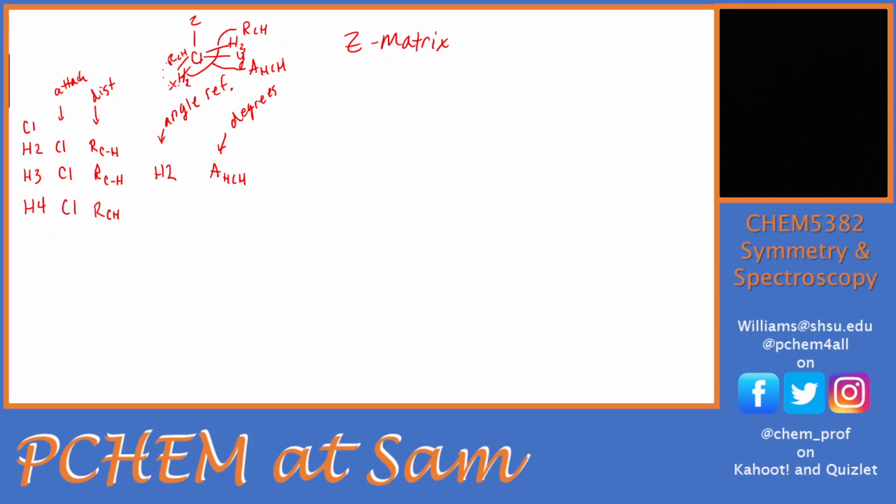All right, so now where are we going to put H4? Shouldn't it be from both hydrogens? Yeah, so how do we do this? Let's go ahead and define it from H2 again. So we'll say H2 and AHCH. That's the same number, 109.5.